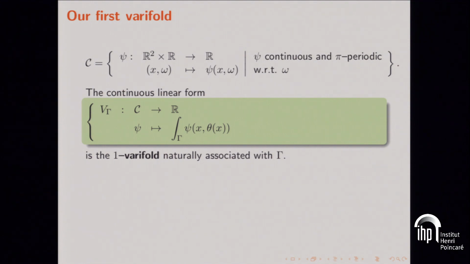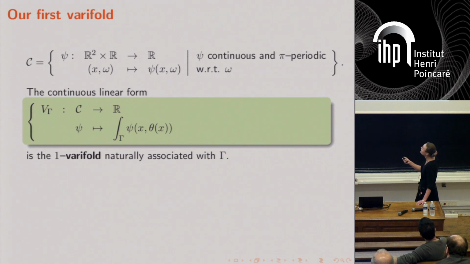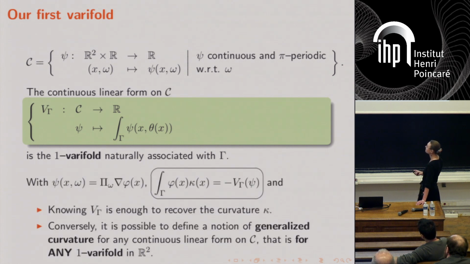But essentially a varifold in this case will be a continuous linear form on this space. And here, a natural varifold associated to our curve is how I integrate those continuous functions that are pi periodic with respect to the direction.